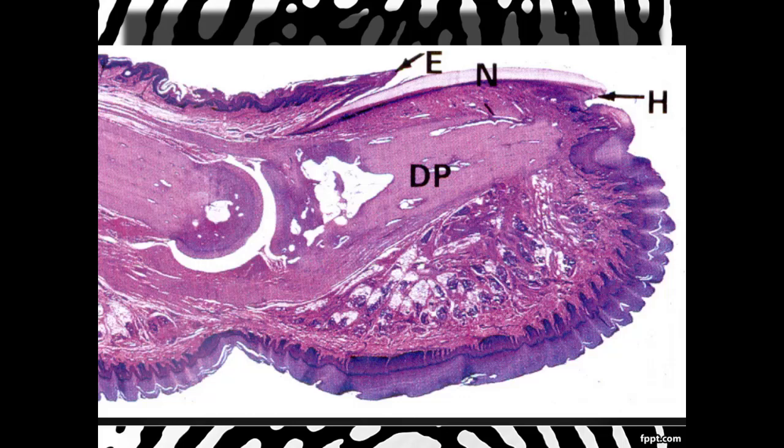The nail root here is buried in the folds of epidermis, and it is covered here by the cells of the germinative zone, sometimes called the nail matrix, which is here. The nail matrix contains many cells, including stem cells and also melanocytes.